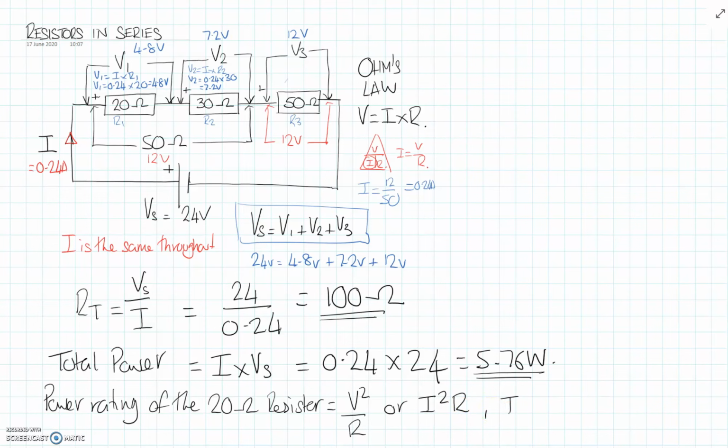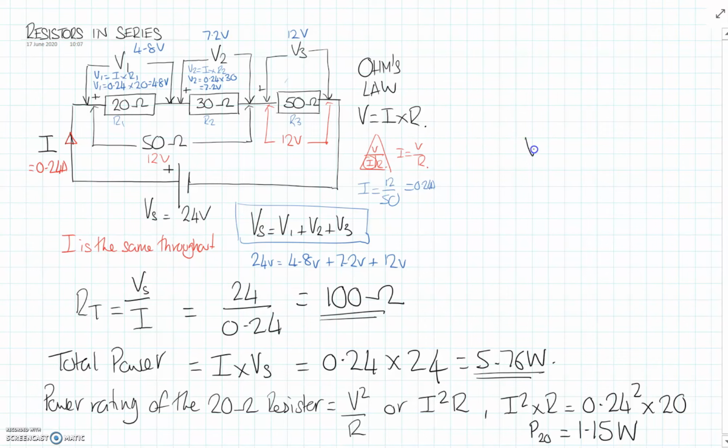Using I squared times R, that's 0.24 squared, because that's the total current flowing through the 20 ohm resistor, times the resistor value itself. So the power rating of the 20 ohm resistor, P20, is 0.24 squared times 20, which means it's 1.15 watts.